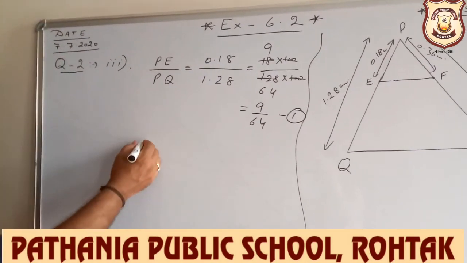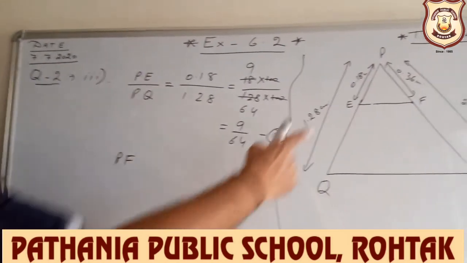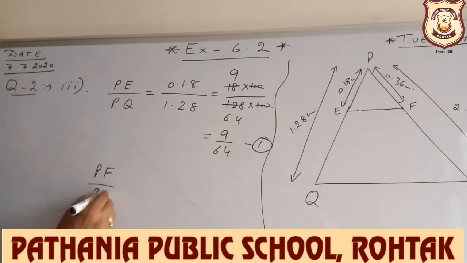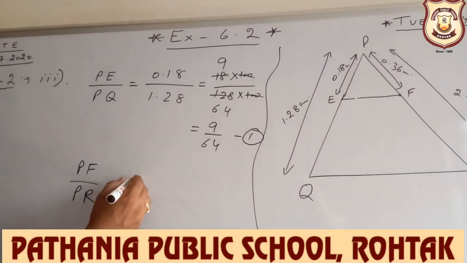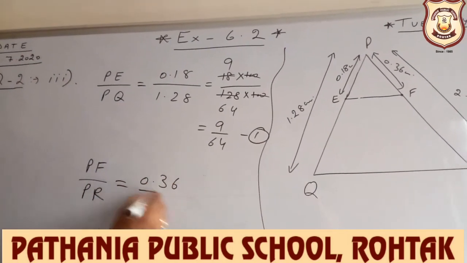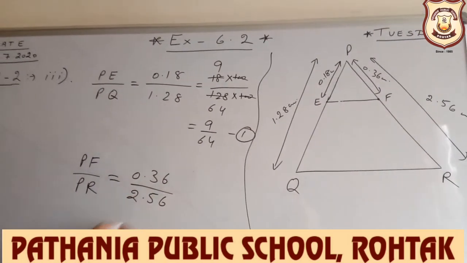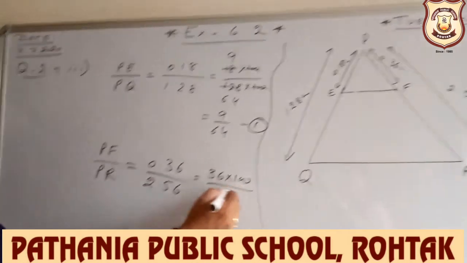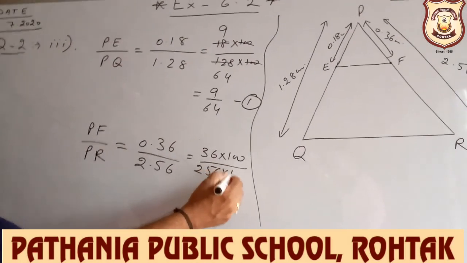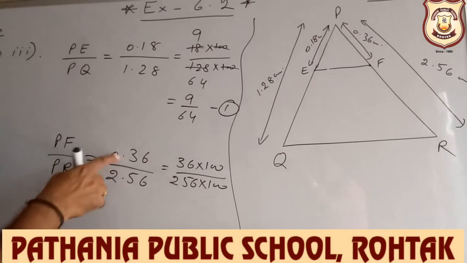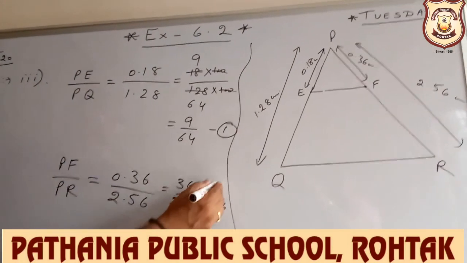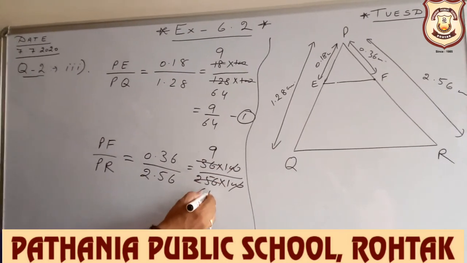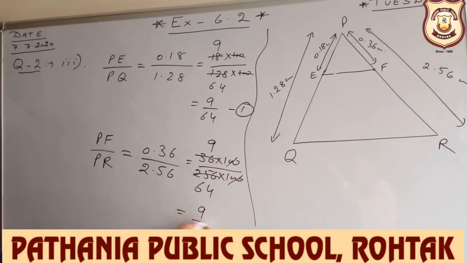Now the second ratio, which one? PF upon PR, that is 0.36 upon 2.56. This you can write as 36 into 100 upon 256 into 100. Because of decimals, 100 cancels with 100. 4 9s are 36, 4 64s are 256. So 9 by 64.